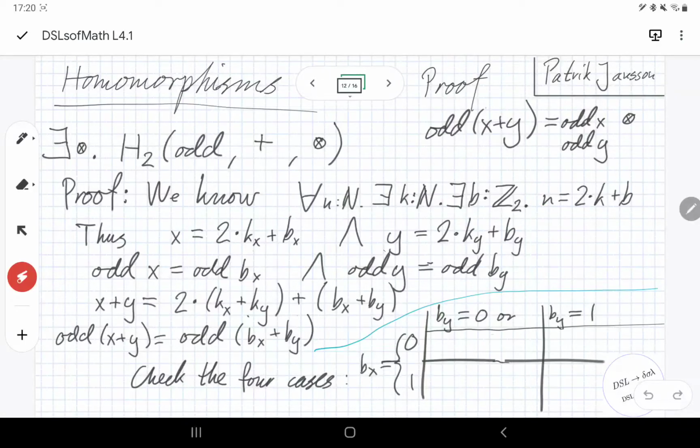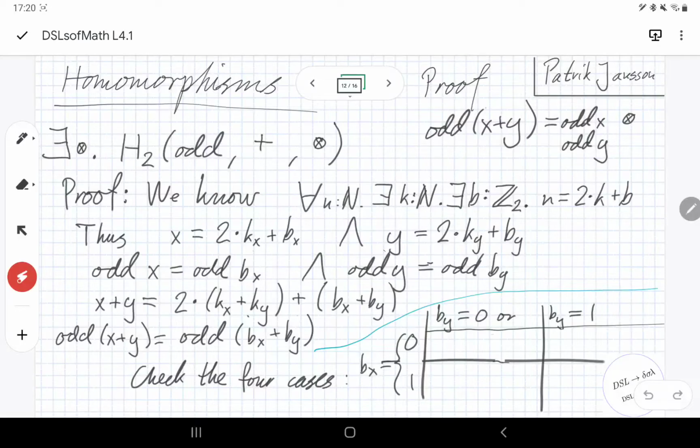Okay, then I apply this to our input x, which is supplied to odd, and then we get a k_x and a b_x. I call them x with a subscript here just to keep track that there are two different of these, because I will also say that there exist k_y and b_y such that y is equal to this even number plus the remaining bit.